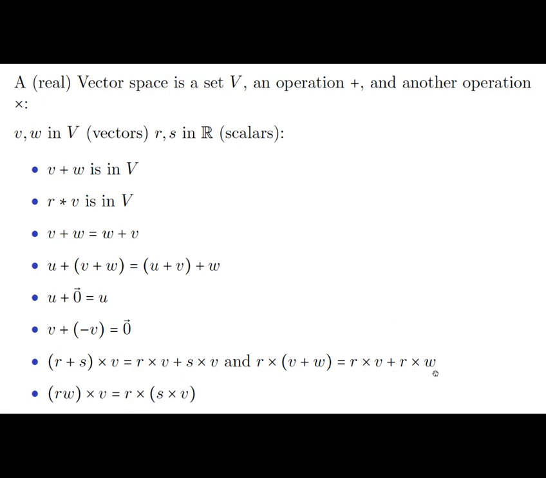And then the last one is the associative property of scalar multiplication. Oops, this is a misprint. This should say Rs times V is R times S times V. Okay, that was, I know, sort of quick, but these are all stated clearly in the book. And I'm going to go on and talk about some other properties of vector spaces.